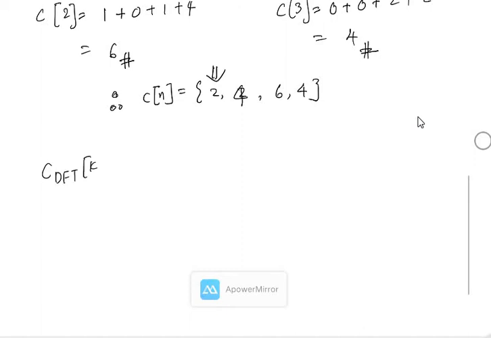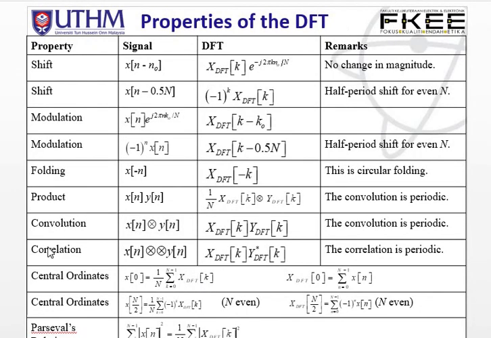And then for the C DFT k, if you refer to here, for a periodic convolution, the X DFT k is the product with the Y DFT k.